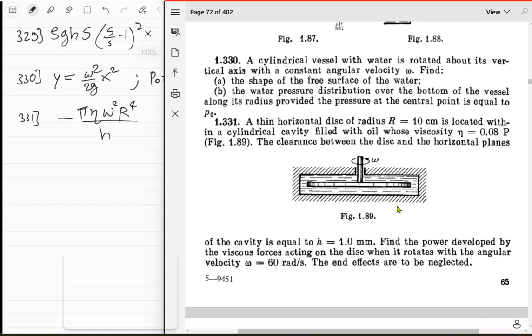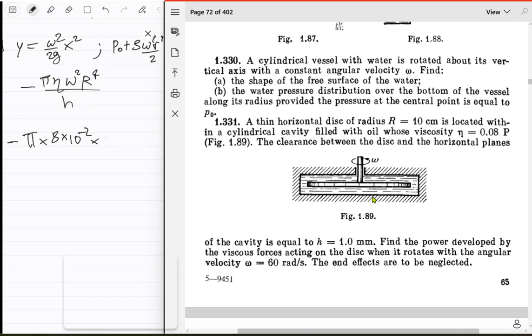And what will this be? I don't want to calculate this, but they did give us everything that we need. So I think we have to. Just keep it as negative pi for now. Then eta is 0.08. I'm assuming this is an SI unit, but whatever. That times omega squared, so 60 squared, 3600.